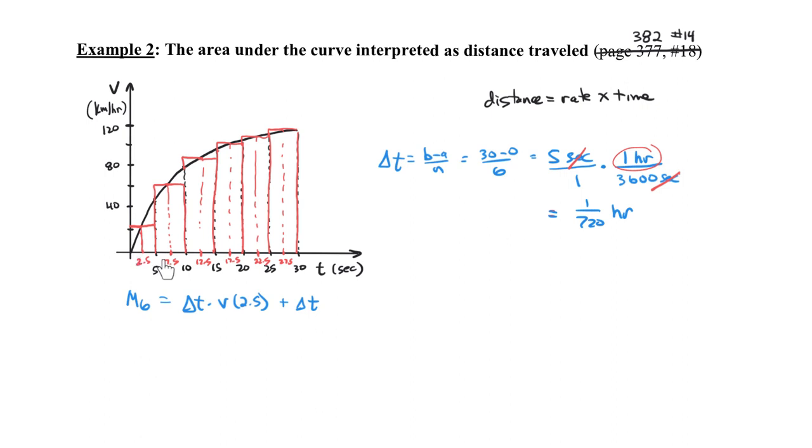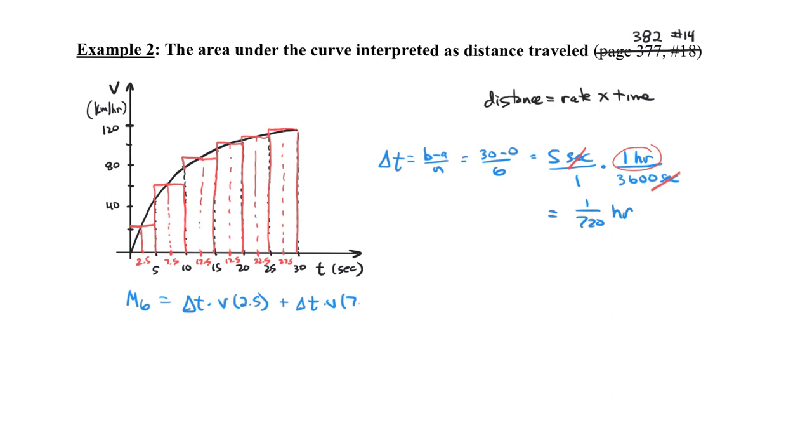The general idea is the change in t, which is the base, times the height at 7.5 seconds, because you want the value of this velocity curve at 7.5 seconds.